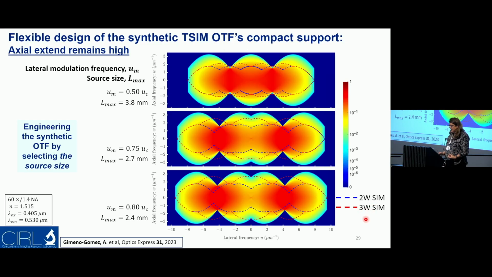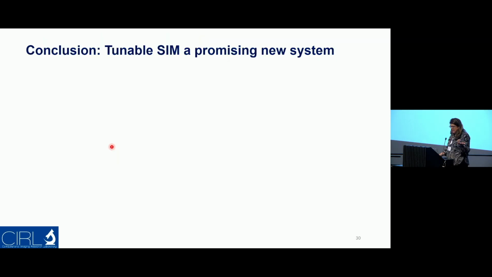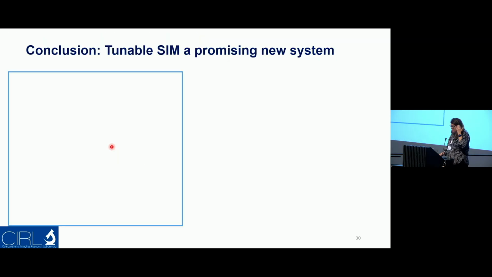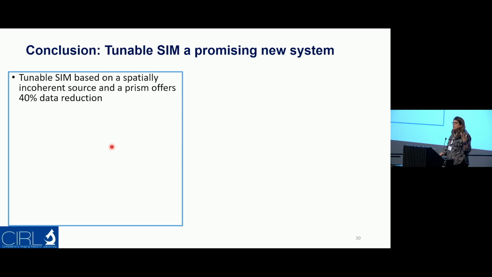The dashed line is the outline of the 3-wave SIM, and so you can see that there are differences in that we can always maintain the 3D resolution in our instrument even when we reduce the lateral modulation frequency, which can be important for some applications where you cannot have high modulation frequency if you have scattering and thick samples.